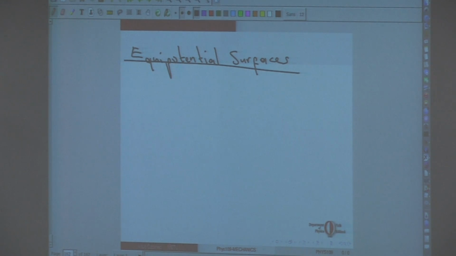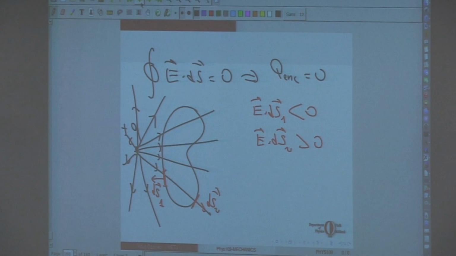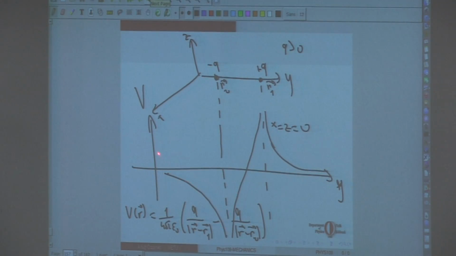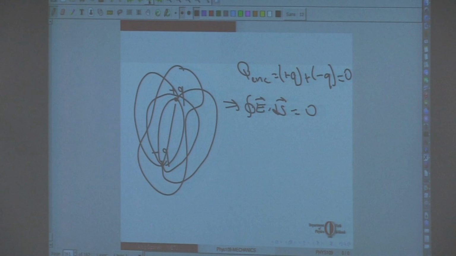Now the equipotential surfaces will help us to visualize the potential. How does the potential look like? I mean, usually when you are talking about the potential of a system, you don't draw figures like this. Usually the kind of figures you draw will look like this one.